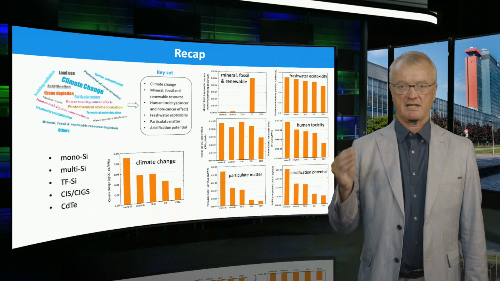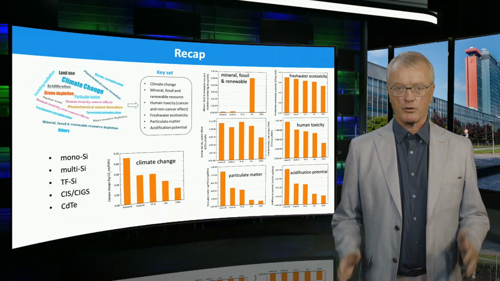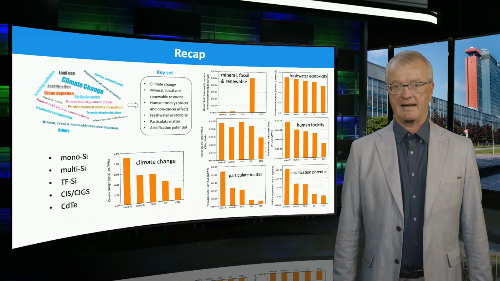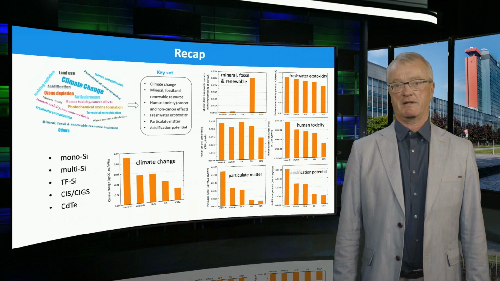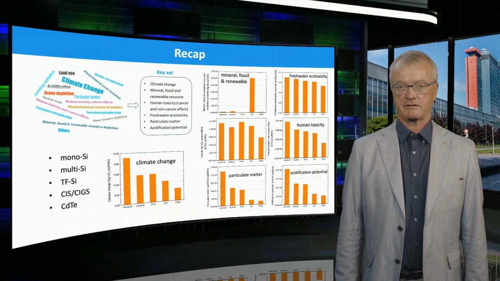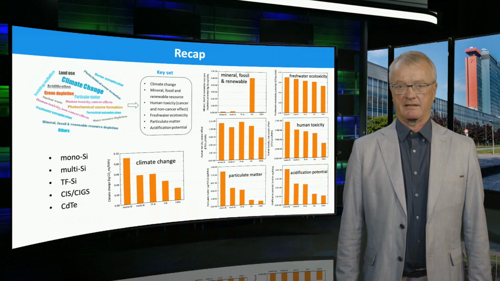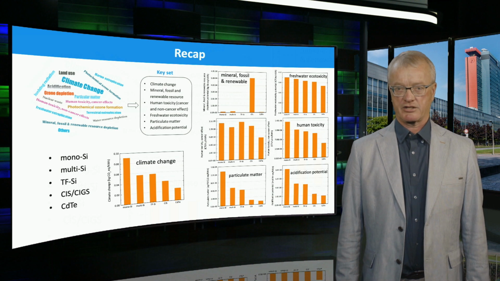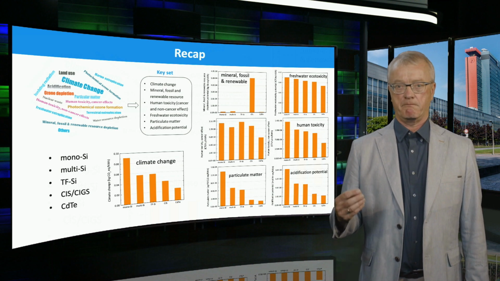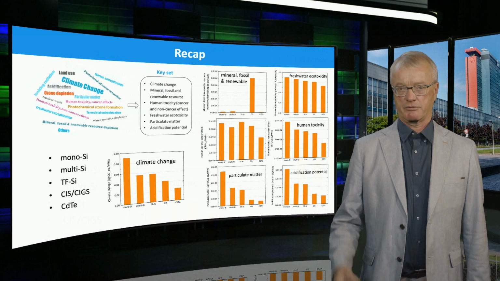In all cases, cadmium telluride panels cause the least environmental impact. Of course, the impact is very low compared to the electricity generation by fossil fuels. In most cases, monocrystalline silicon panels give the highest impact potential. The exception is the fossil and renewable resource depletion potential, for which CIGS panels present the highest impact, mainly due to its indium consumption.